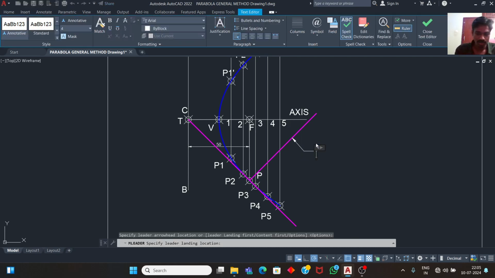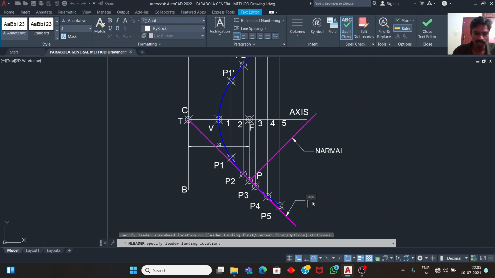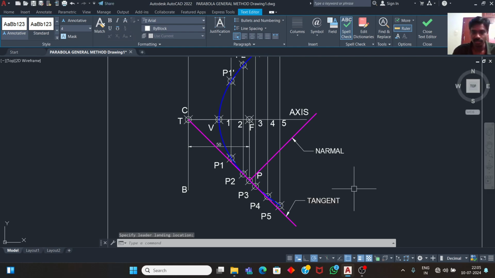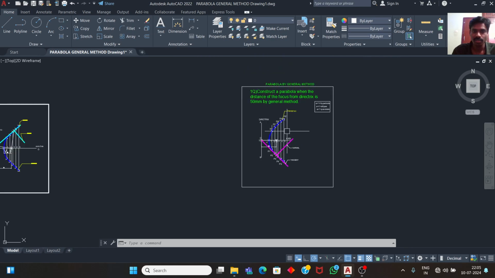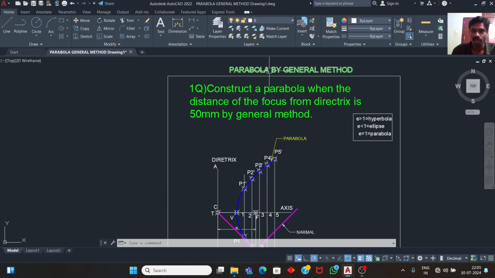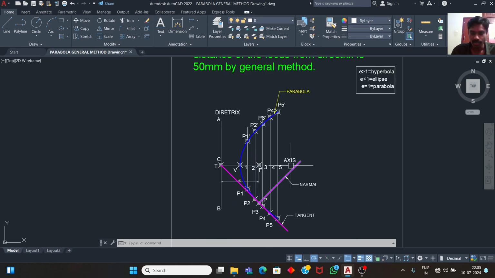This is the normal line, and this is called the tangent line. With the help of this leader line, I am giving the naming of this line and this line also. Okay, this is the procedure for drawing this parabola in the general method. General method or eccentricity method, both are the same. Okay, thank you.